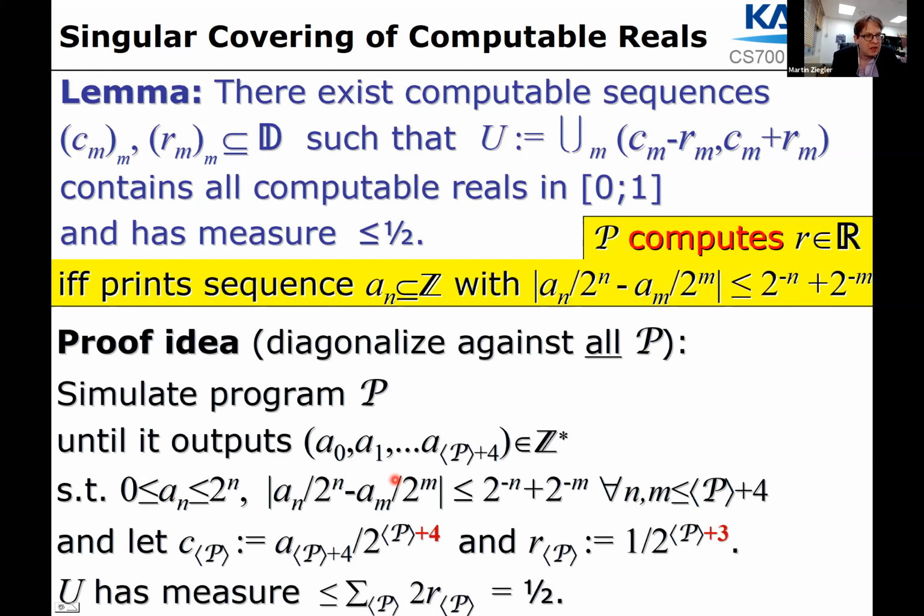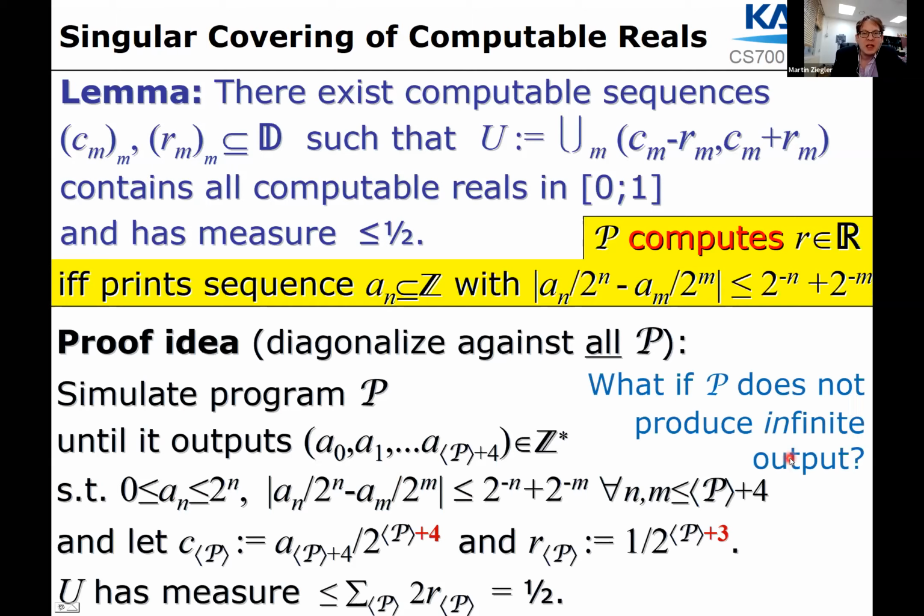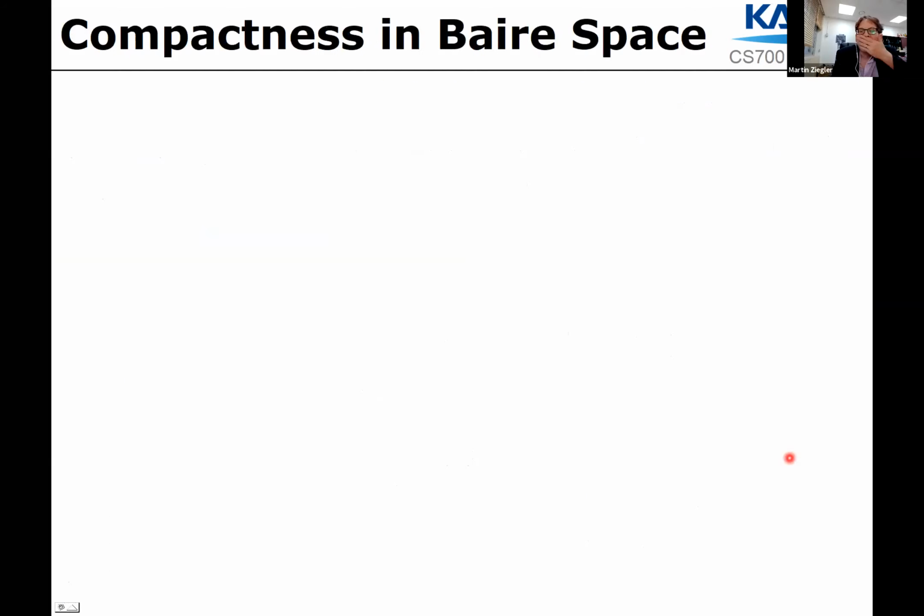Okay, and it seems time is already up. So what we're going to discuss next week is compactness in Baire space and how that affects quantitative and qualitative continuity.